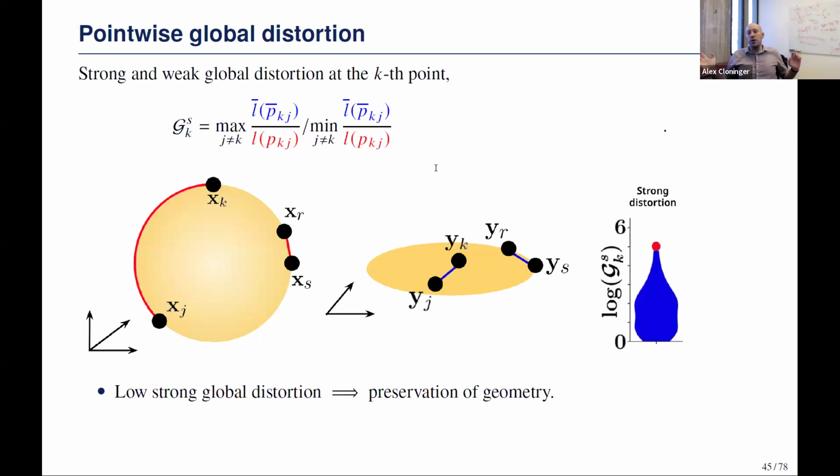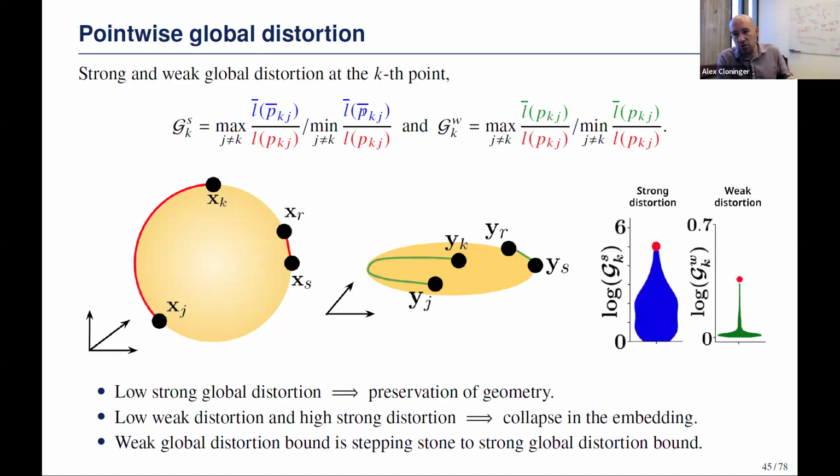Okay, and there's a million different notions of distortion. There's what's called strong distortion, where you look at the shortest path between any two points in the high dimensional space, and the shortest path between those points in the low dimensional space, and take a ratio. Then you take the biggest ratio, and that gives you this global distortion. So that's strong global distortion.